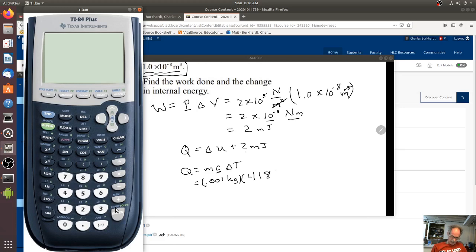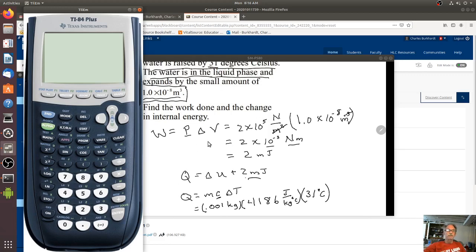It's 4186 joules per kilogram degree C. And delta T is 31 degrees C. So this is a monster amount of joules compared to 2 millijoules. So the change in internal energy is going to go up by a lot. And this 2 millijoules won't matter. So what is that number? Well, this is 4.186 when I multiply it by 0.001. 4.186 times 31.